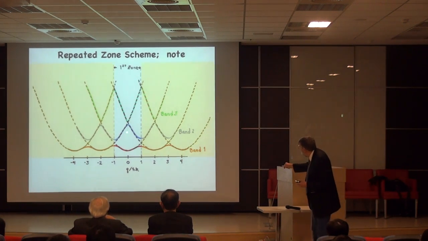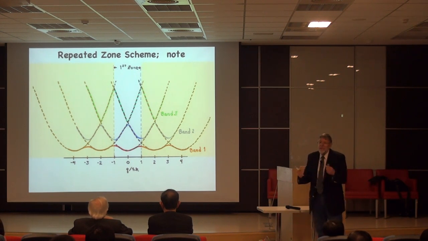And that's the difference between being on this curve and moving to the right, and being on this curve and moving to the left. Those two things have the same quasi-momentum, but they're coupled by absorbing photons from the laser beams.